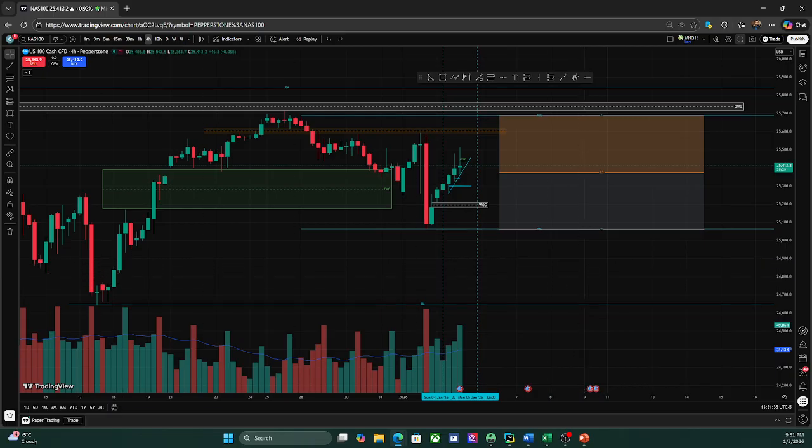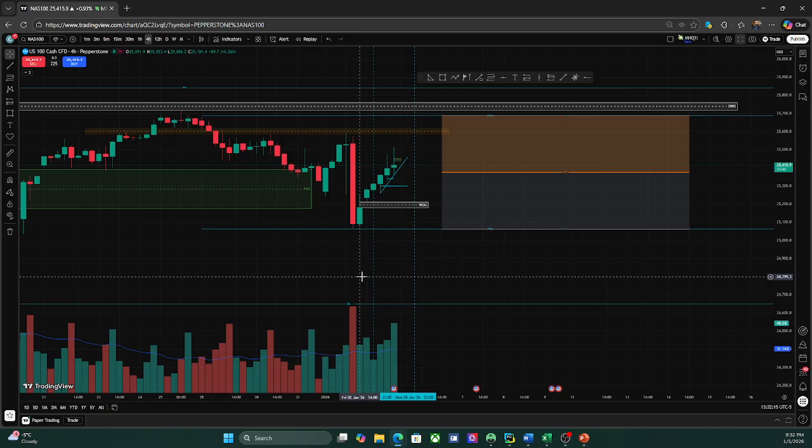So for the week, the rules are: maximum daily loss, one trade, 1%, probably less, 0.5%, depending on your account totals. We're going to look for 1 to 2 or 1 to 3 trades. Here will be a very nice zone to have a buy, and over here will be a nice zone to take a sell position.